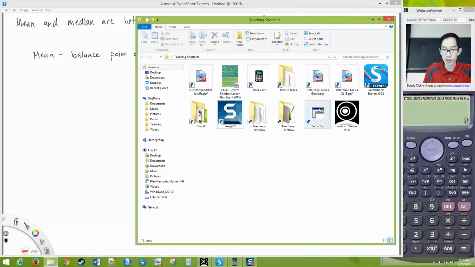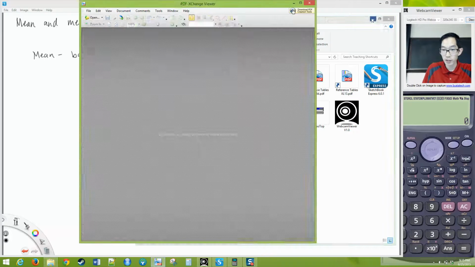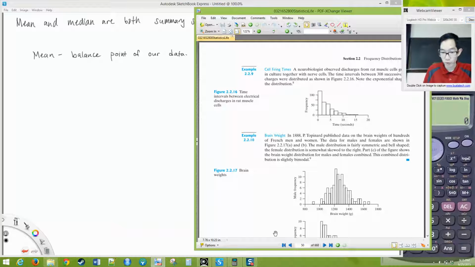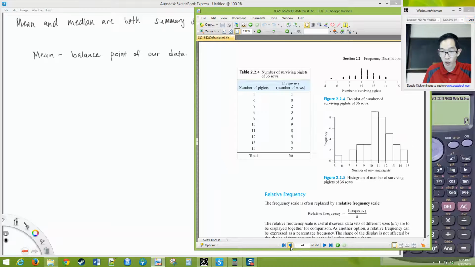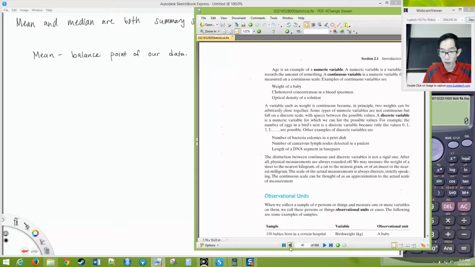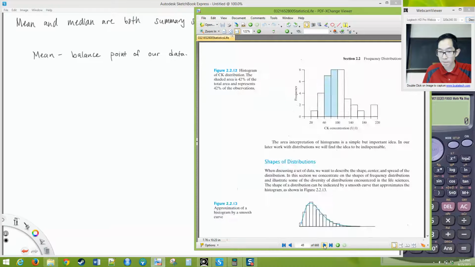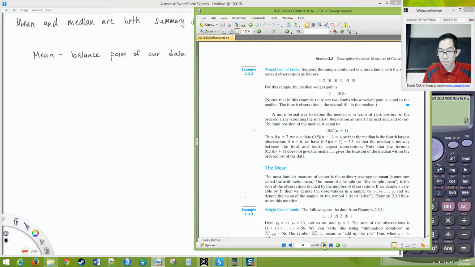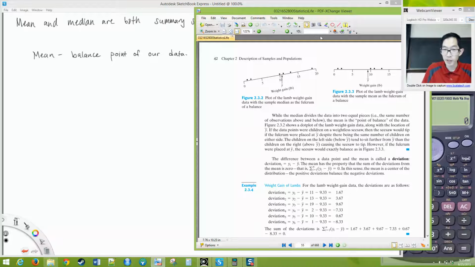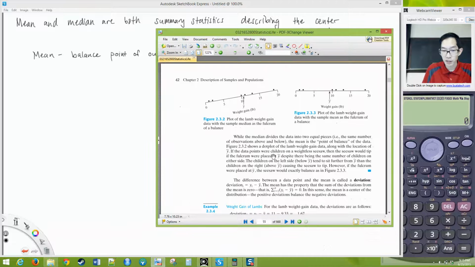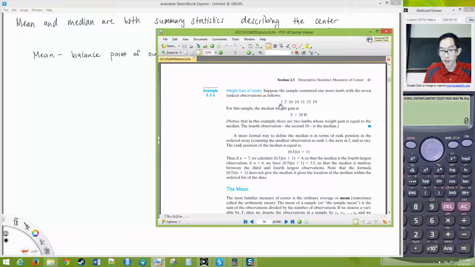The mean, as far as balance point goes, imagine you take data points. So here are the data points 1, 2, 10, 10, 11, 13, and 19.